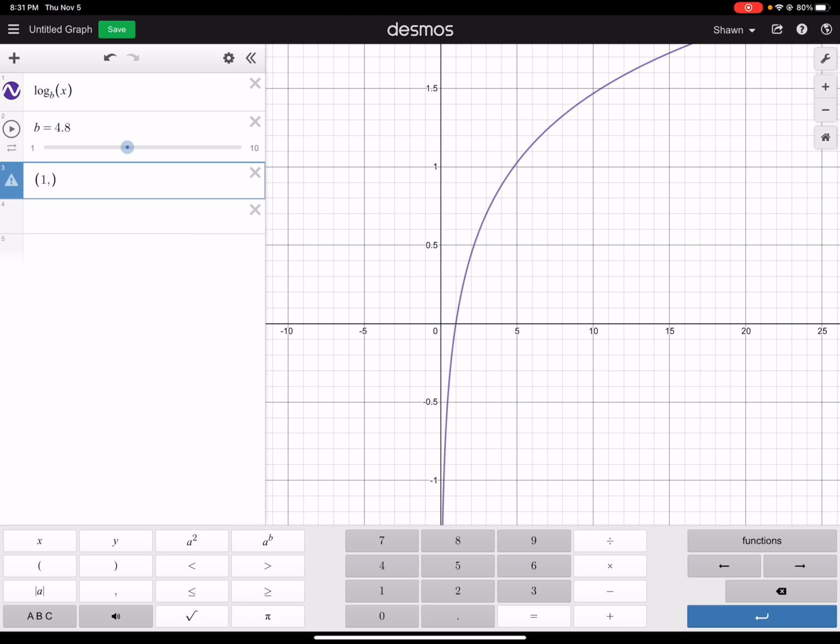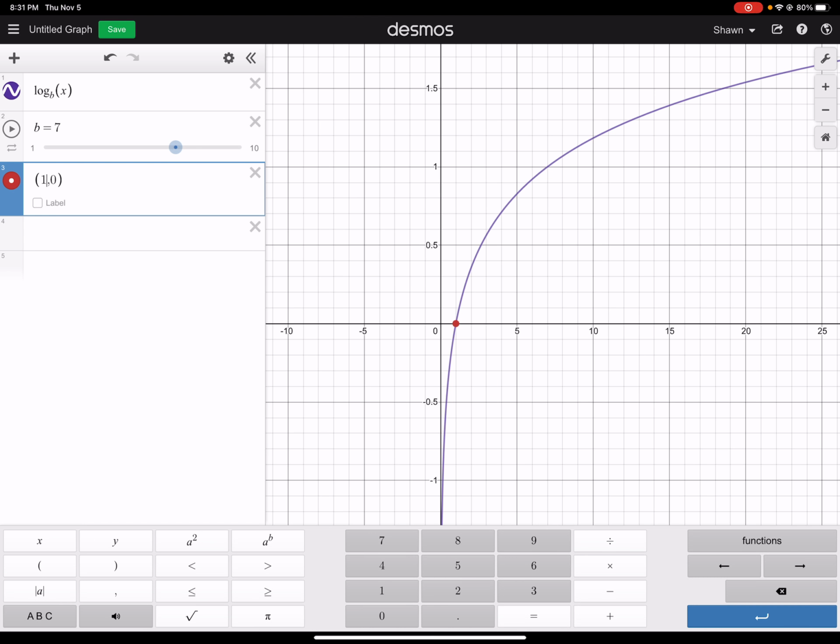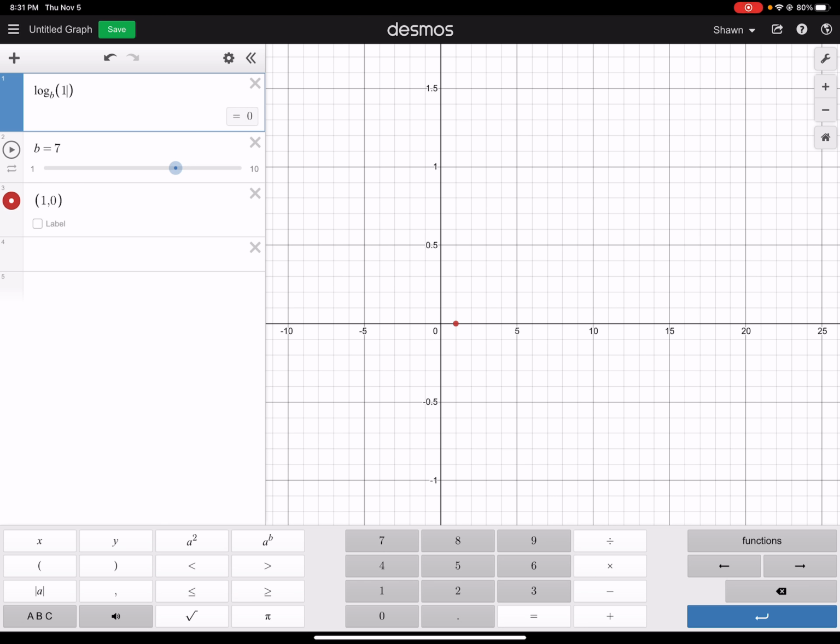As I change it, you can see it doesn't ever change. So what that means is, since the x value is 1, log base b of 1 is just 0. You see that for any base.